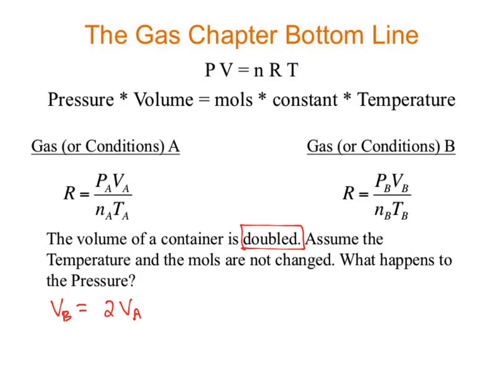Right? That's what that question says. The question is also now asking what happens to the pressure. So I want to know what PB is. Can I figure that out? Yeah, there's a variety of ways to figure it out. What might you say right off the bat? The pressure should decrease. How do you know that?